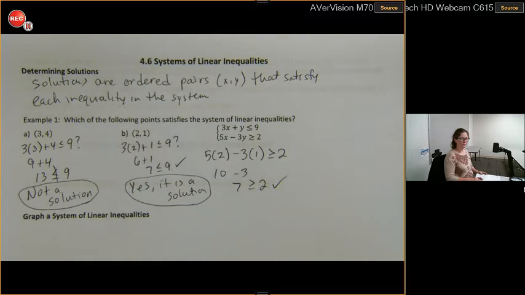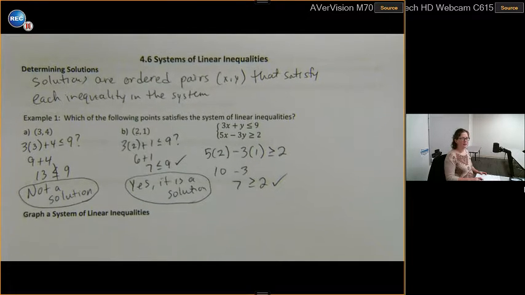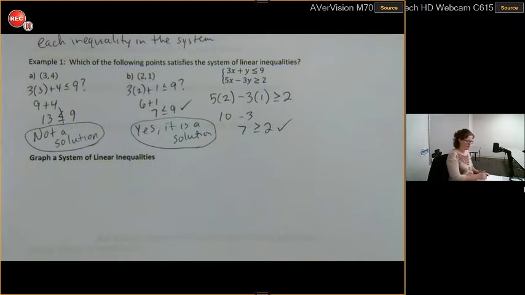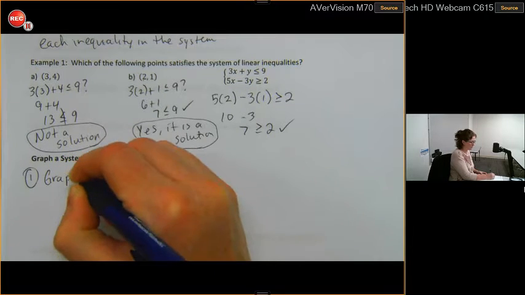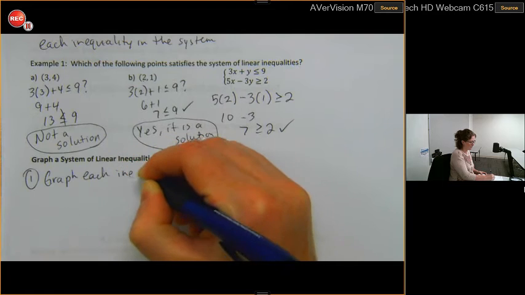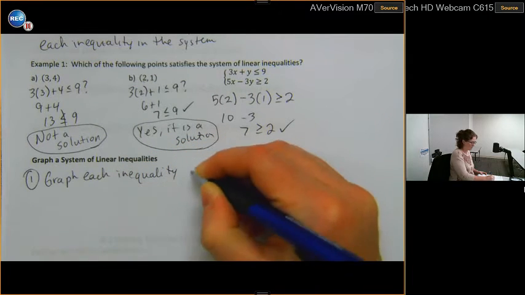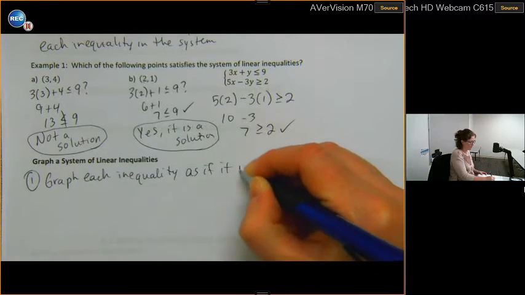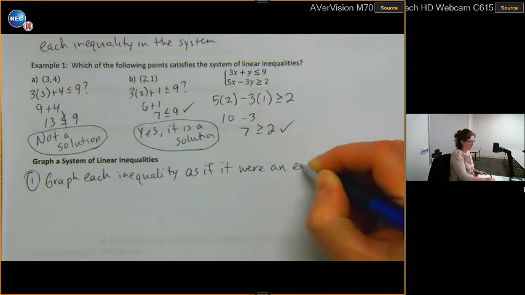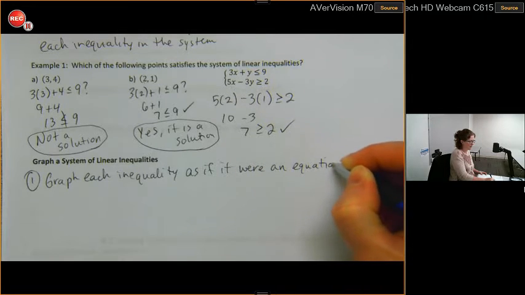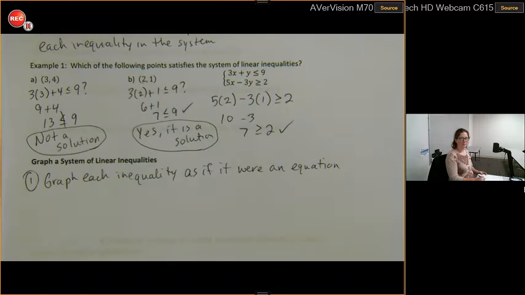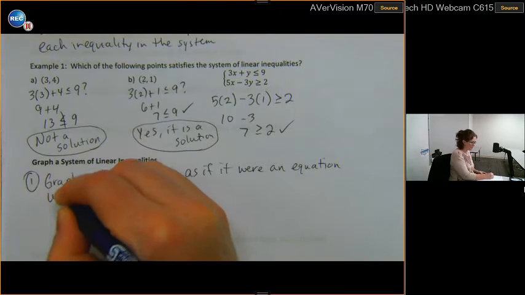When we want to find our own solution for a system of linear inequalities, it's going to involve graphing. So what we're going to do when we graph is we're going to graph each inequality, treat it like an equation, and since we are graphing inequalities, we will sometimes use solid lines.